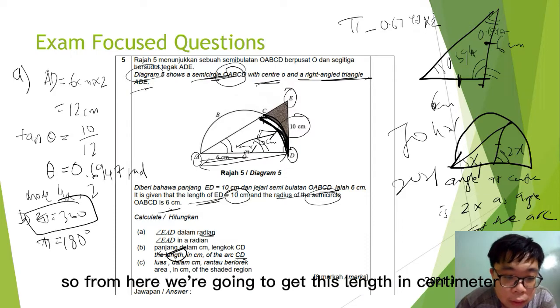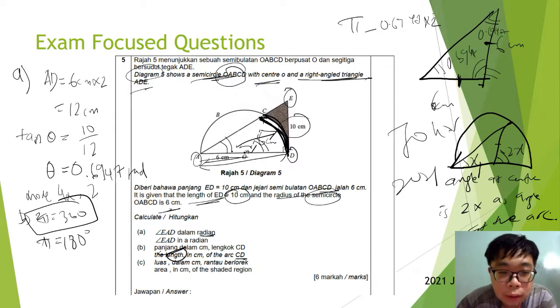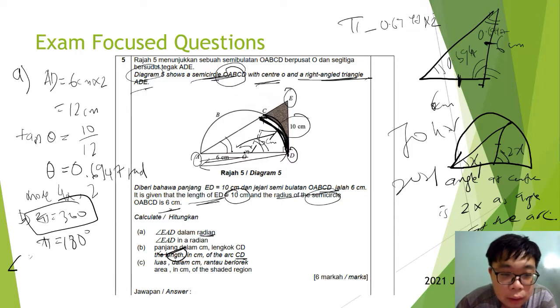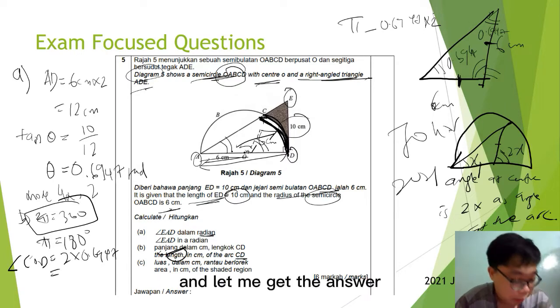So from here we are going to get this length in centimeters. You can get this by taking 2 multiplied with the angle here. So actually angle COD equals 2 times 0.6947. Then you will get the answer.